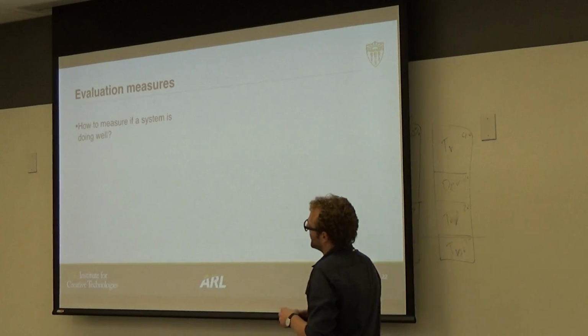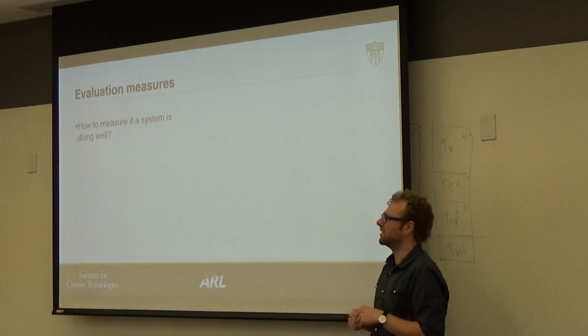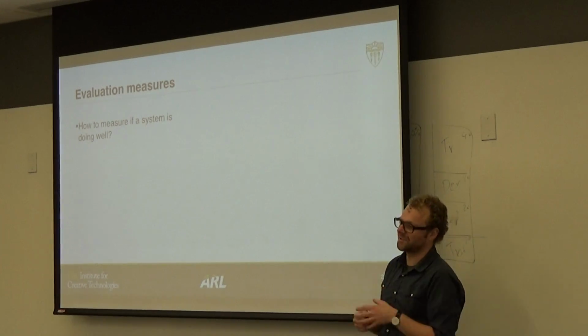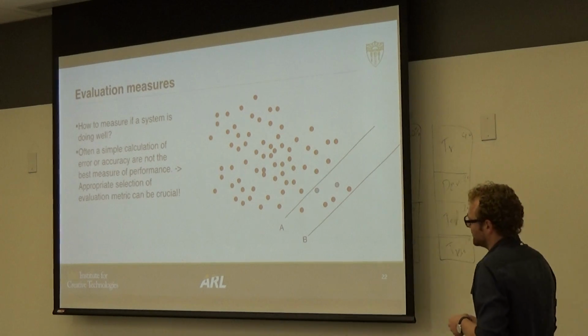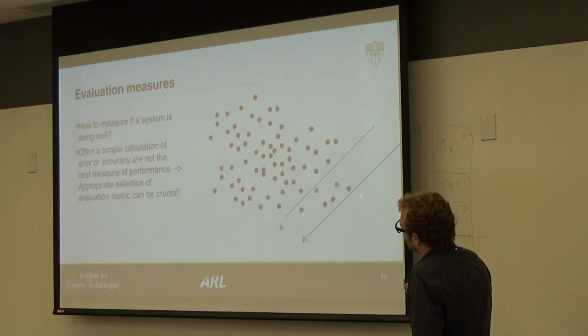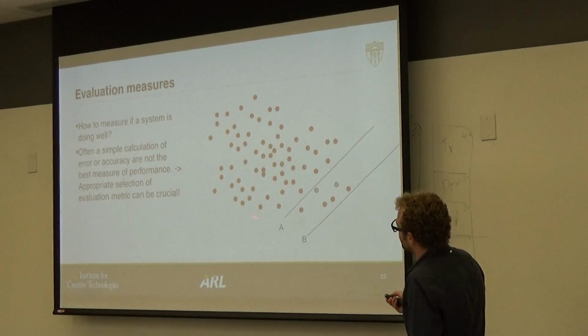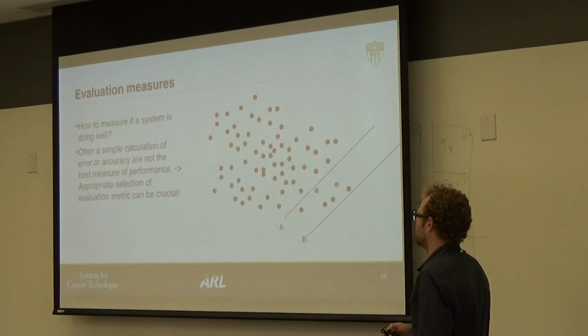Most of the time, we're often tempted to just look at accuracy, and I would like to motivate why this is not a really good case. Oftentimes you have very skewed data sets that have a lot of red dots and only a few blue dots, right?